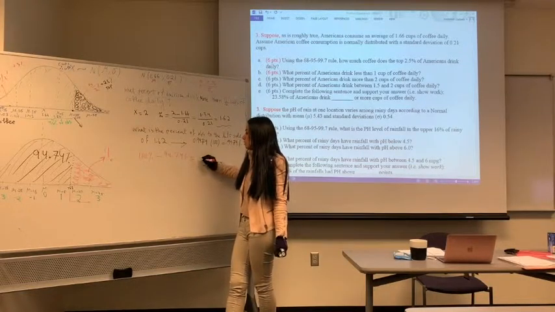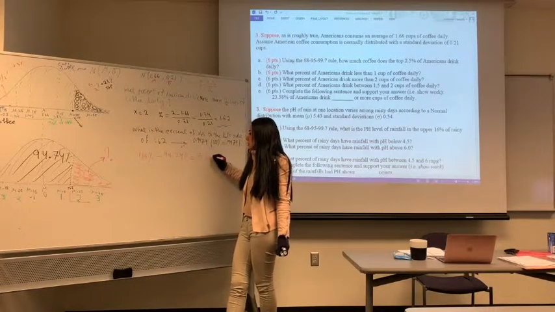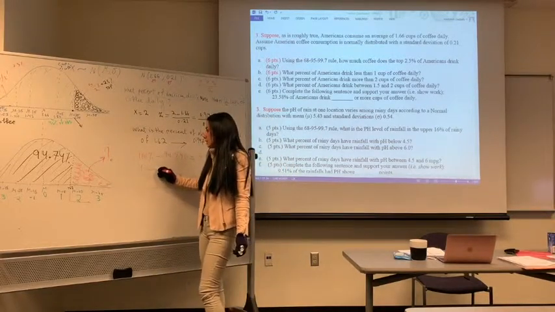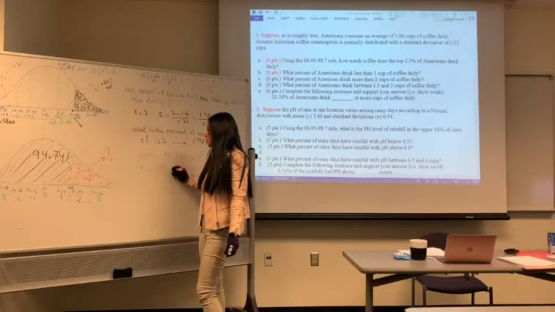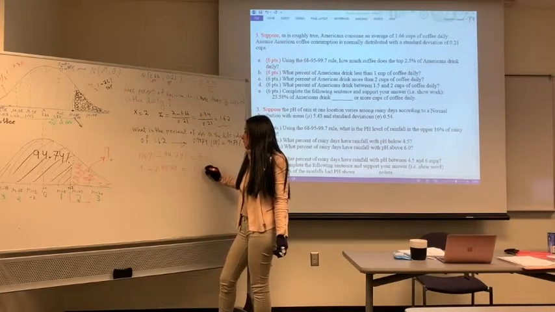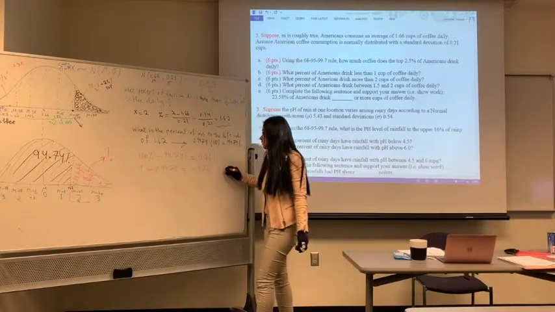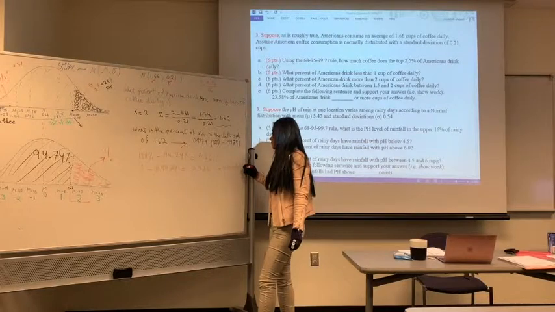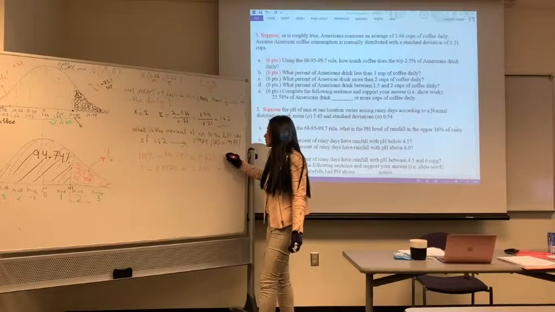It's 5.26%. Or we could say 1 minus 0.9474 equal to 0.0526, and this is the probability. This is the percentage.